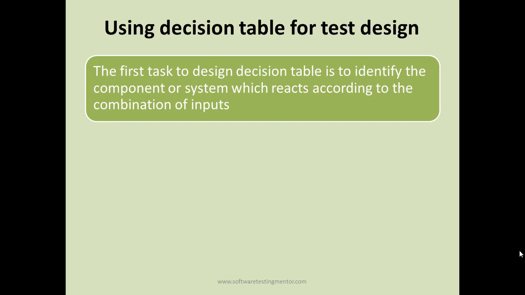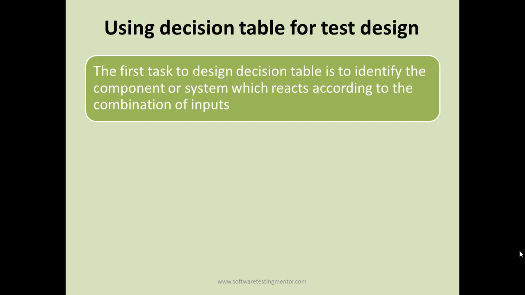If there is any component which has certain conditions, and based on the inputs on different conditions the outcome varies, then that's the module which you need to test using decision table testing.